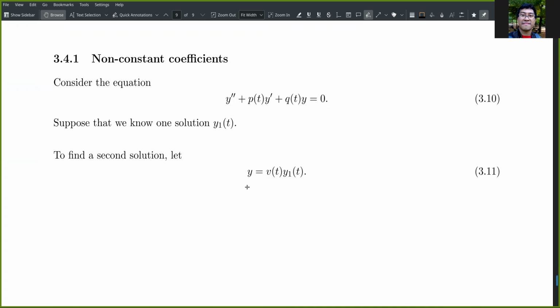So we know this solution, and we let the full solution y equals v of t times y1 of t.